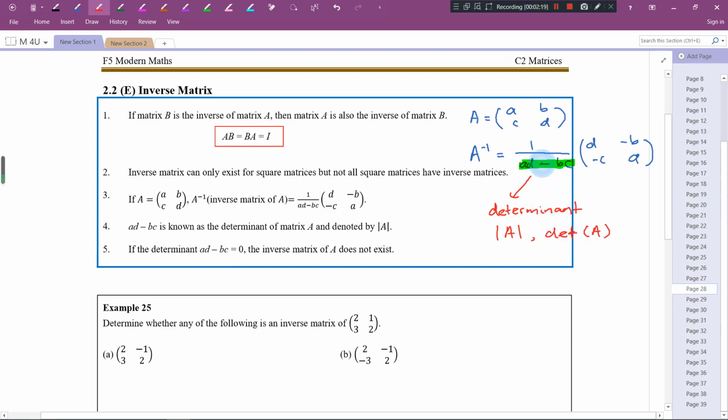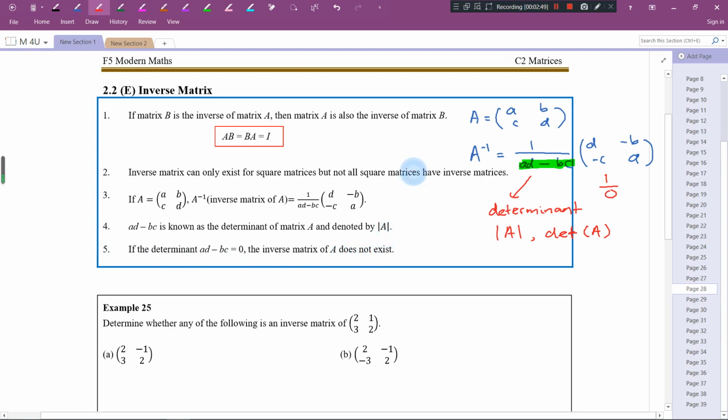When this determinant is equal to 0, it will become 1 over 0, right? When you calculate 1 over 0, you know this is undefined. That is why when the determinant of a 2 by 2 matrix is equal to 0, the matrix does not have an inverse matrix. Okay, you look at here. If the determinant AD minus BC is equal to 0, the inverse matrix of matrix A does not exist.